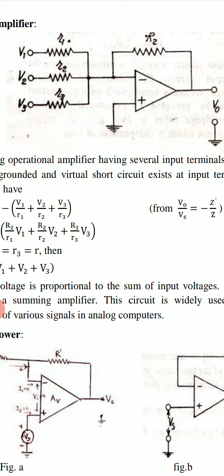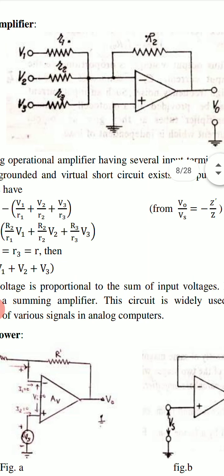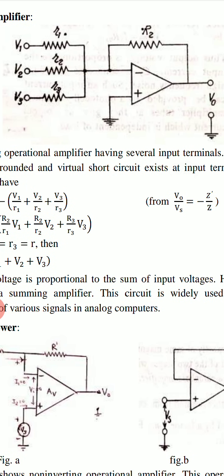V1 voltage is applied to the inverting terminal through resistance R1. V2 voltage is applied to the inverting terminal through resistance R2, and V3 voltage is applied through resistance R3. Feedback resistance is R2.